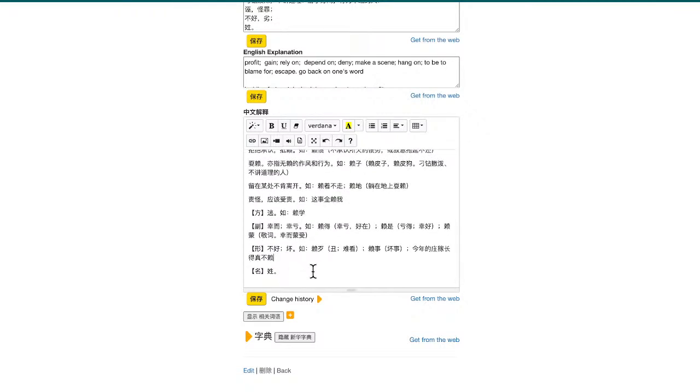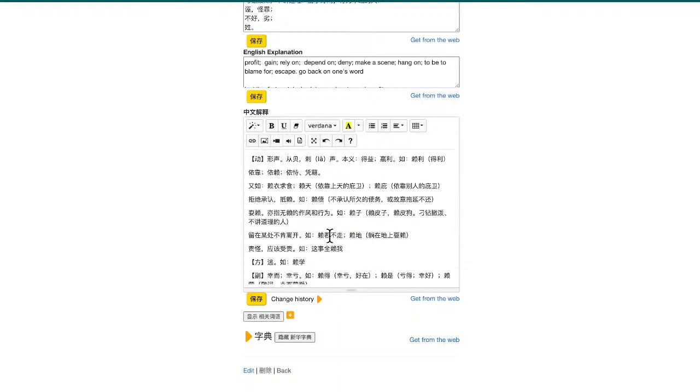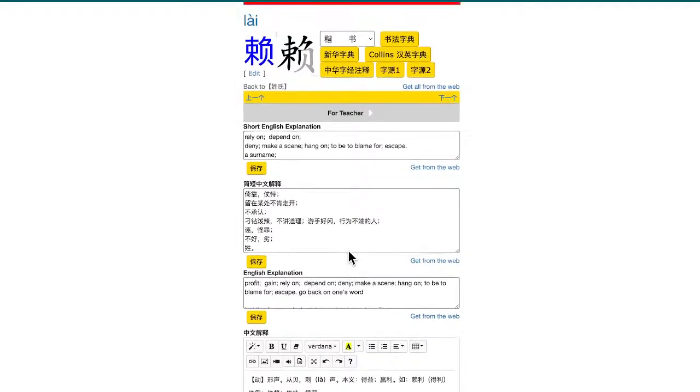It is also used as an adjective, oftentimes meaning it's bad. Bad in terms of irresponsible and not reliable, someone you cannot count on. Okay, that type of person. So that's the basic meaning of this character.